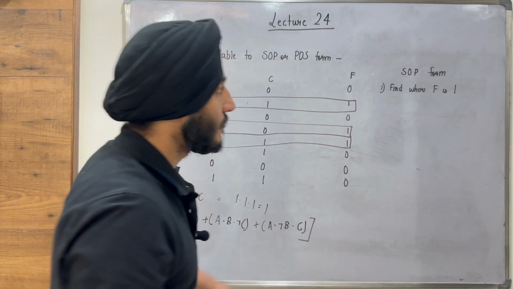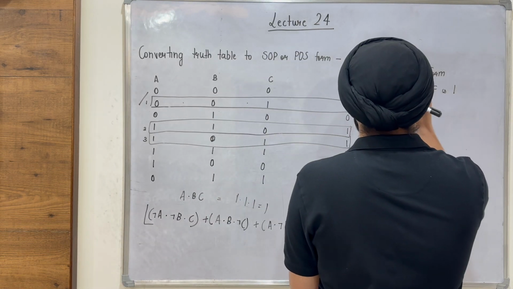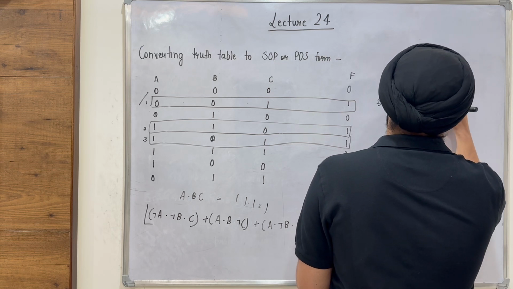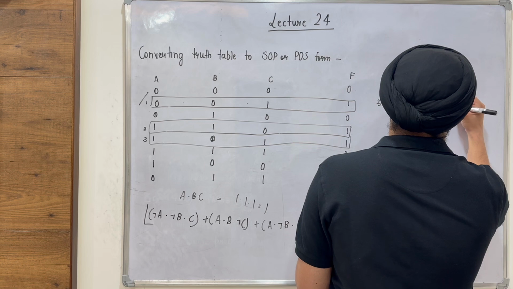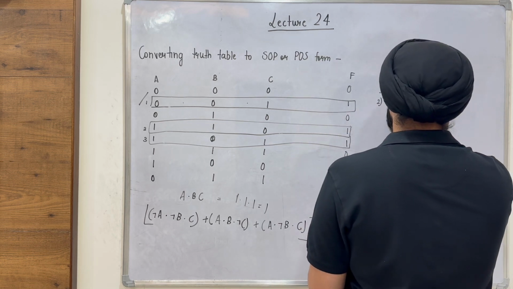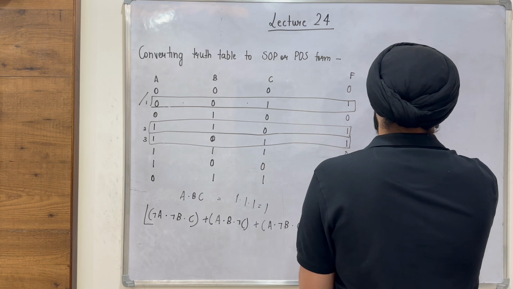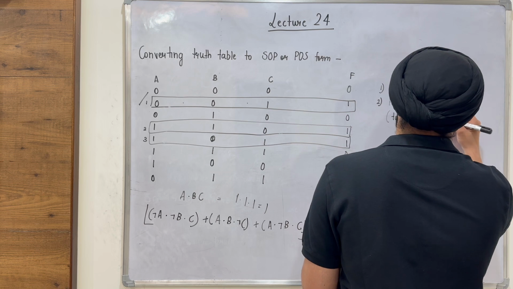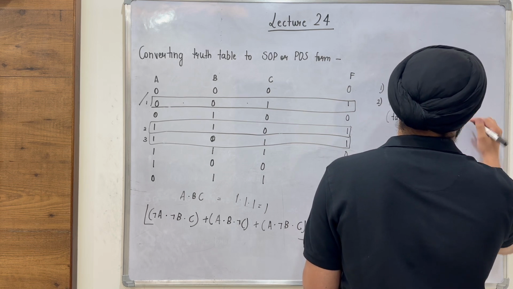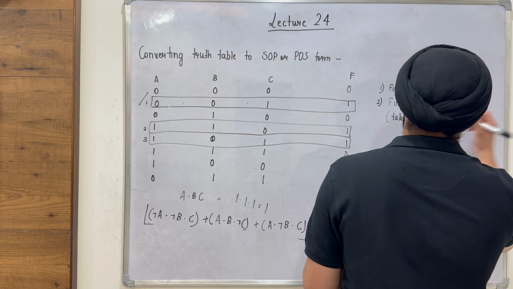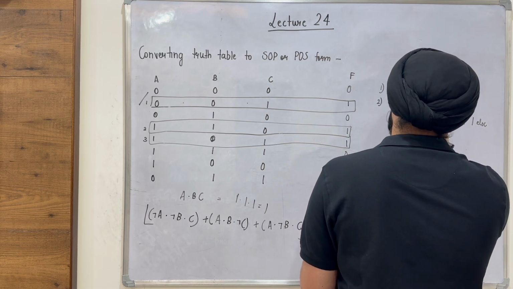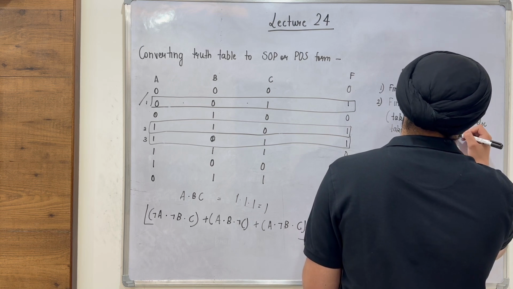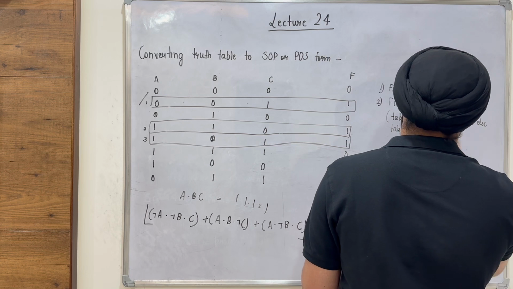I'll write down the steps as well. First, find where f is 1. Second, find the minterms, right? How do we find the minterms? We basically take the variable if it is 1, else take its complement, or I should say its negation.